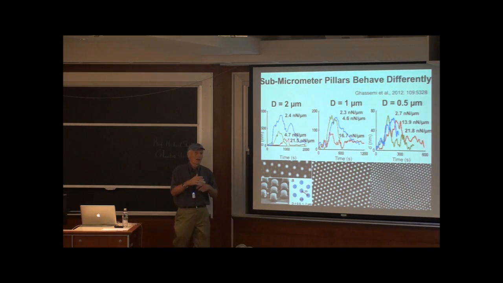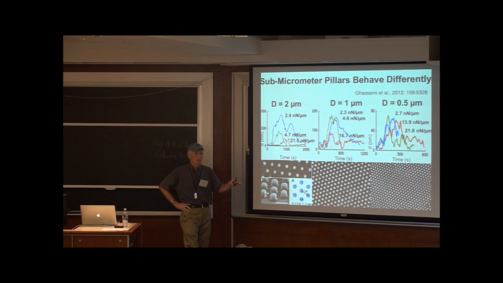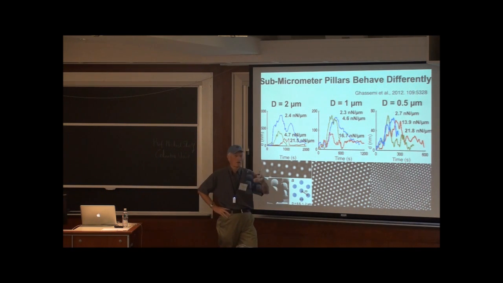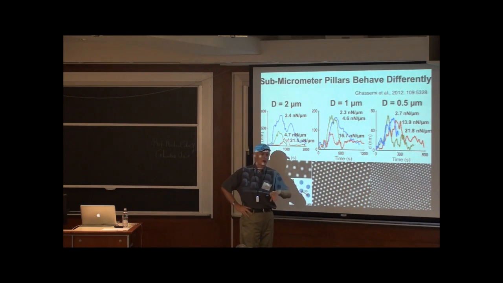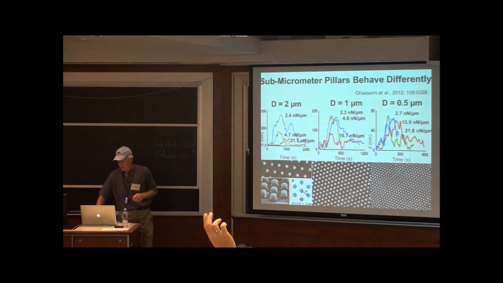Okay. And we're going to go back and do it again with a polymer which is refractive index matched to water, so that the pillars don't have any refraction, and so we can see hopefully that behavior again.